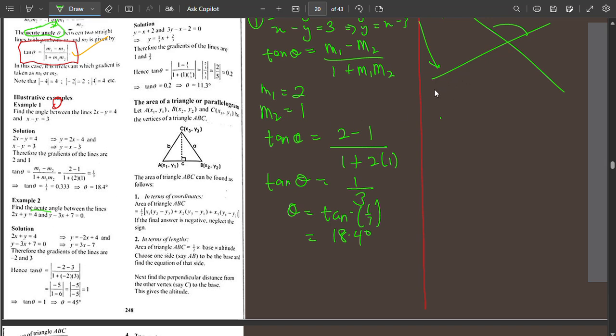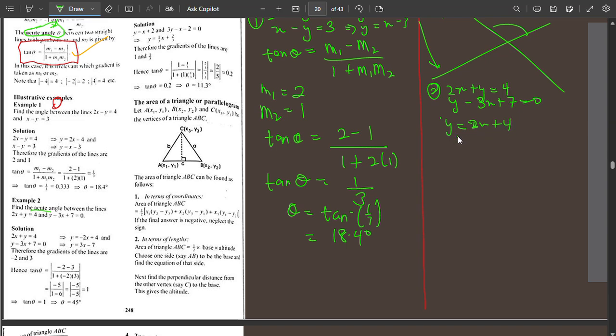So let's see, in example 2, find the acute angle between the lines 2x plus y is equal to 4 and y minus 3x plus 7 is equal to 0. We need to find the gradient of both of them. From equation 1, y is equal to 4 minus 2x.